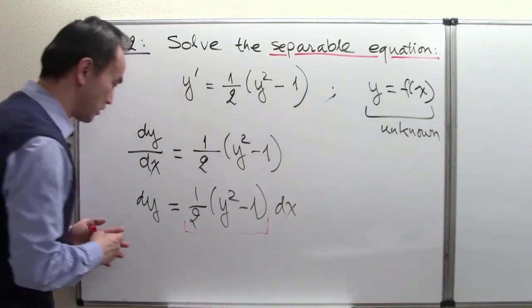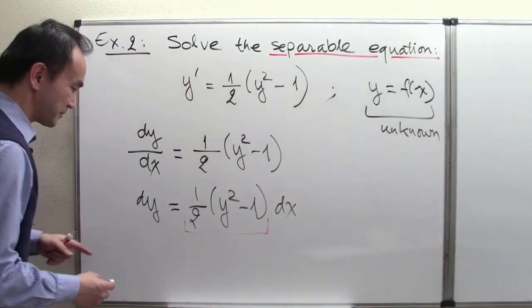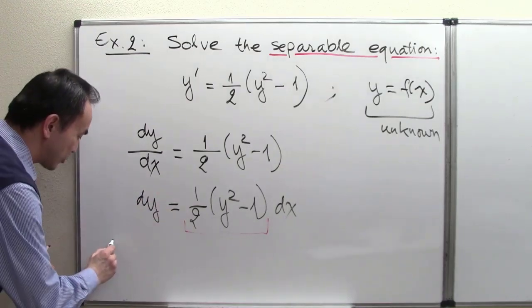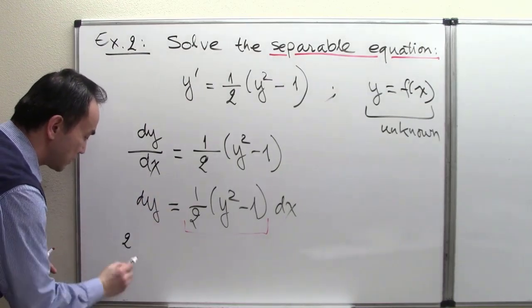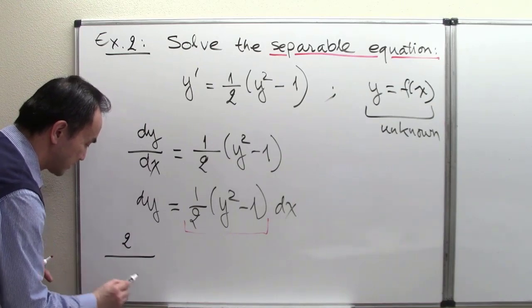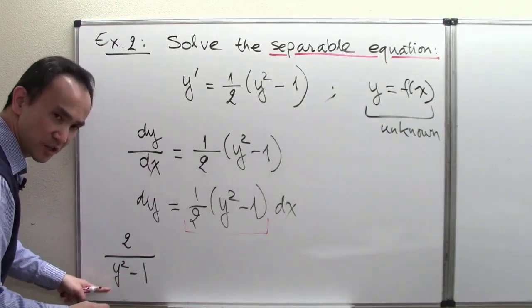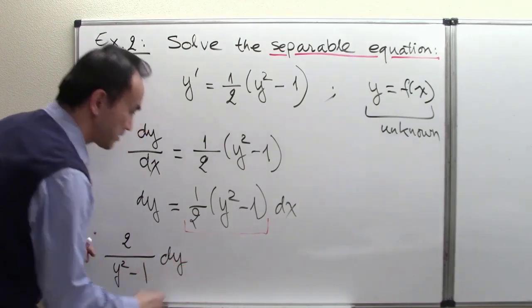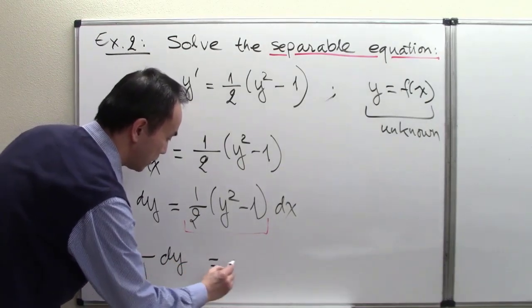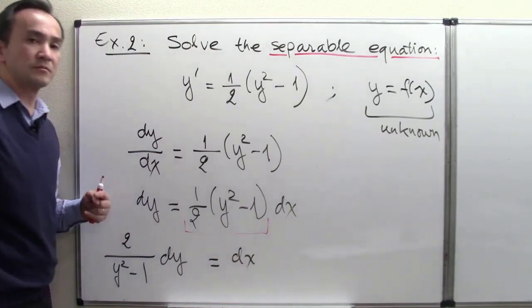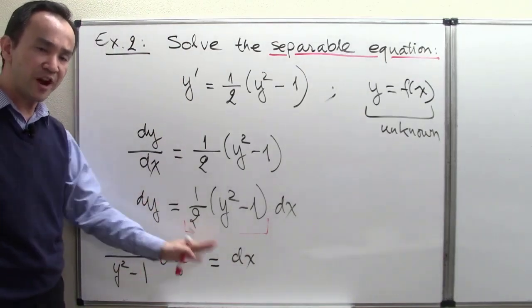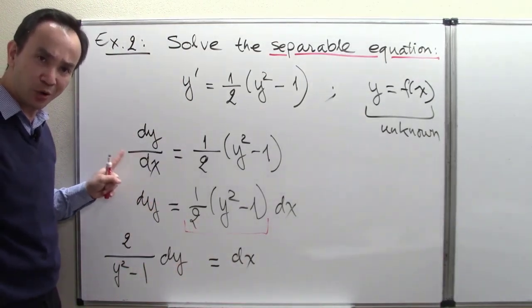Dividing by 1/2 means we're going to have a 2, and on the left-hand side I have y squared minus 1. So 2 over y squared minus 1 times dy on the left-hand side equals dx. It's all about rearranging the differentials.